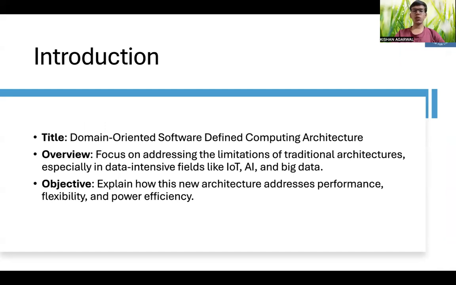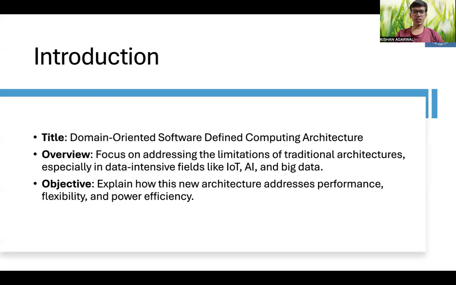So we are going to focus on addressing the limitations of traditional architectures, especially in data-intensive fields like IoT, AI, and big data. With the introduction of software-defined hardware by the DARPA Electronics initiative, software definition will be a basic attribute of information systems, benefiting from boundary certainty and algorithm aggregation of domain applications.